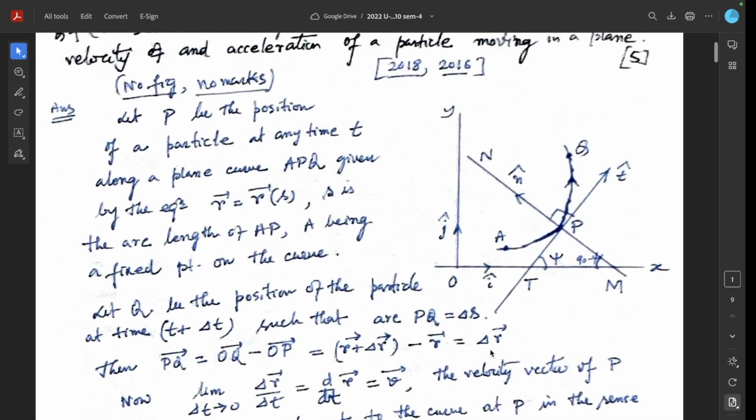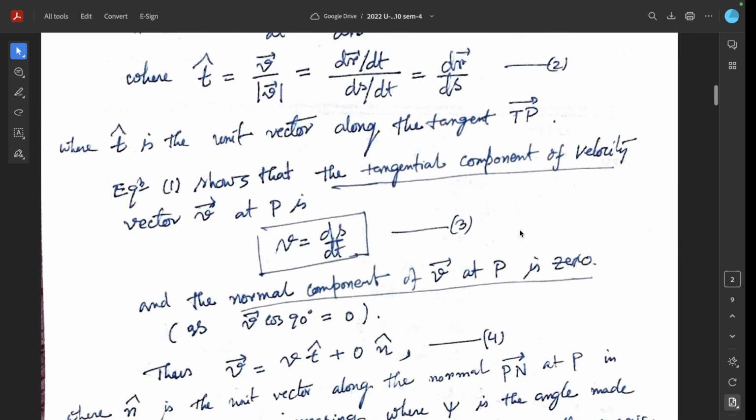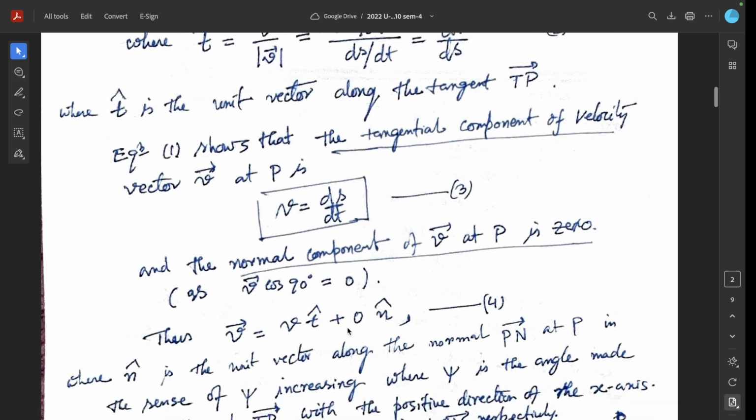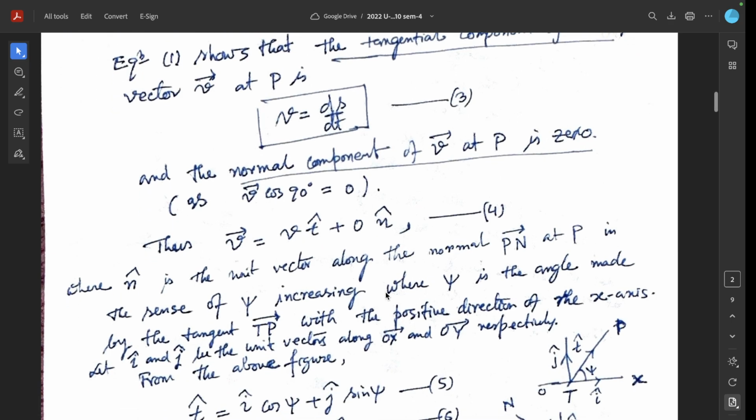The normal PN along with the tangent is 90 degrees, so v vector into cos 90 equal to 0. So the normal component of velocity equal to 0. Actually v vector breaking along the tangent and along the normal, we get v t cap plus 0 into n cap.